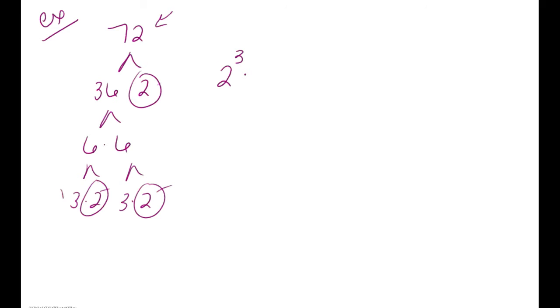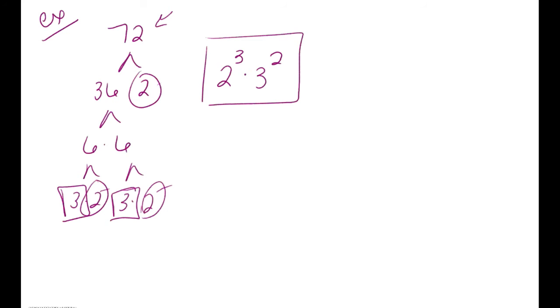And then I have another number that's prime, and in fact I have 2 3's. So the prime factorization of 72 is 2 to the 3 times 3 to the 2.